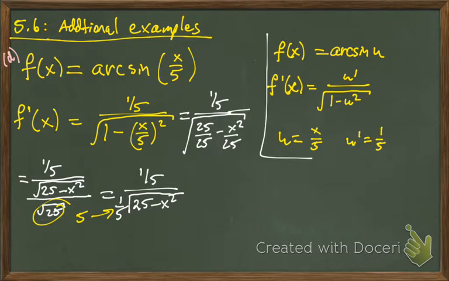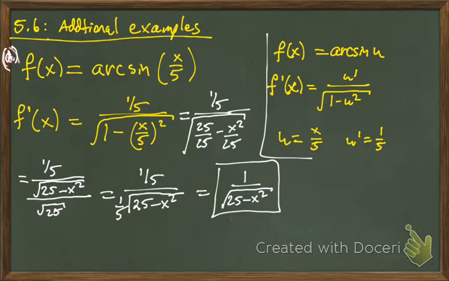You see that you have like factors of 1/5, so those are going to end up absorbing, and so we get 1 over the square root of 25 minus x squared as that derivative.